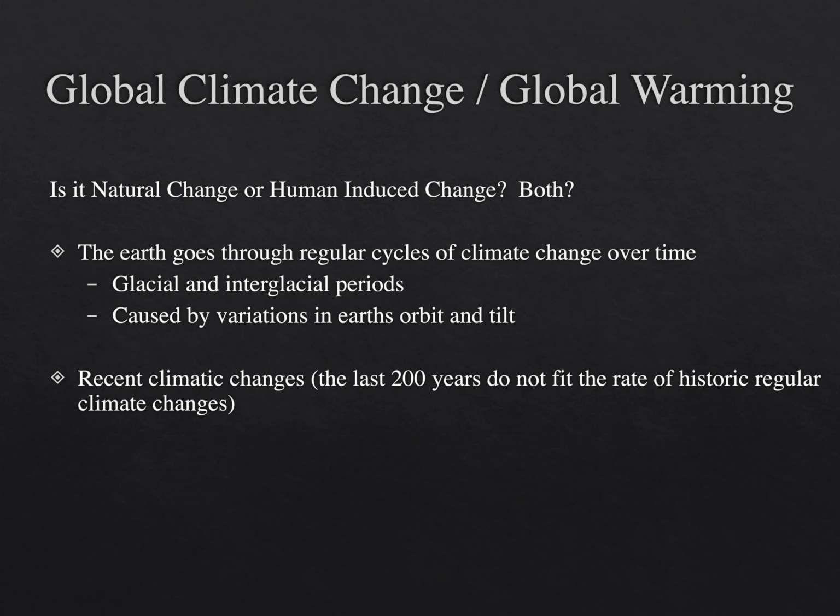We are still warming coming out of that glacial period. Now, these, for the most part, are the product of variation in the Earth's orbit and in the Earth's tilt, but there are other conditions that produce these long-term climate changes as well.